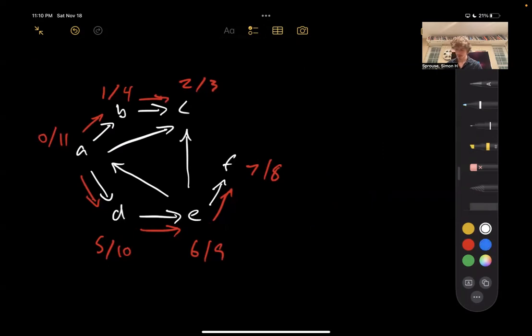So starting at A, the first thing we did was we discovered B. And then from B, we discovered C. Hopefully you can see where I'm going with this. C had no children, so we turned around. B had no children, so we turned around. From A, we then discovered D. From D, we discovered E. And from E, we discover F. Okay, I think this is right.